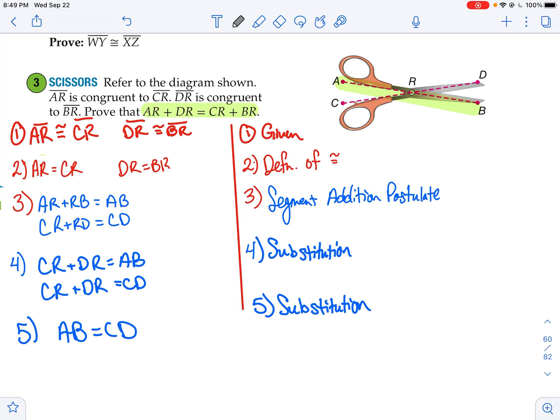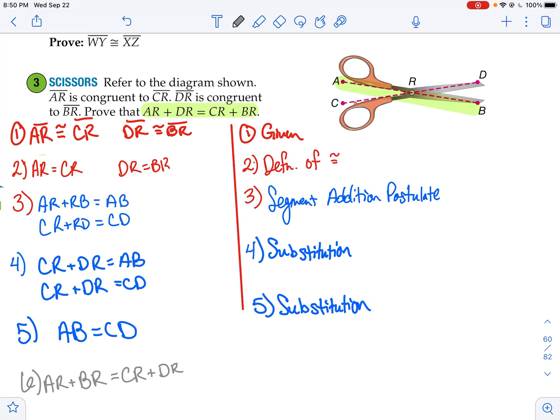AB and CD are the same, which means that I can say AR plus BR equals CR plus DR, because these things are equal to AB and CD as well.